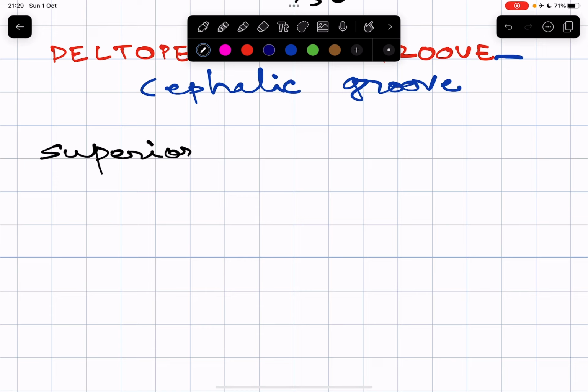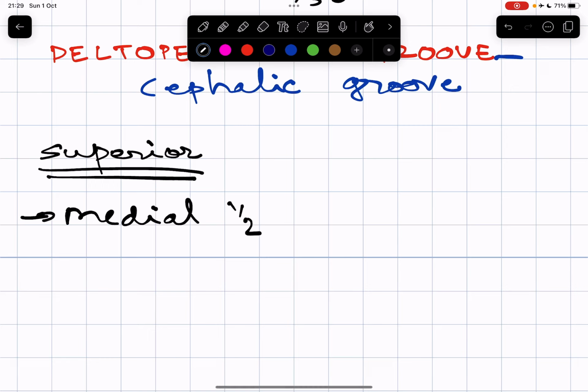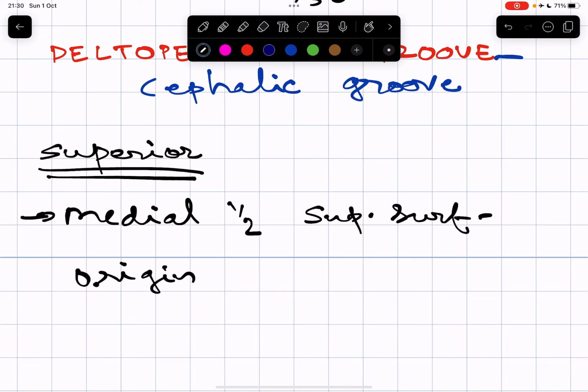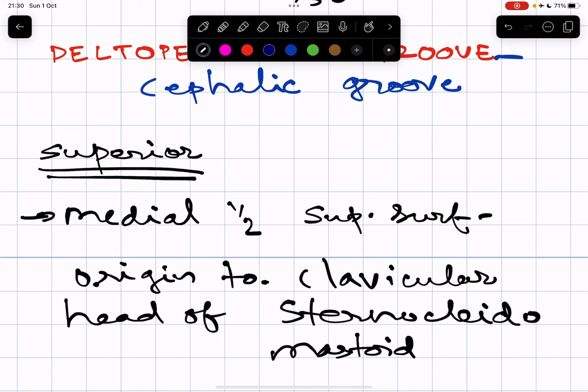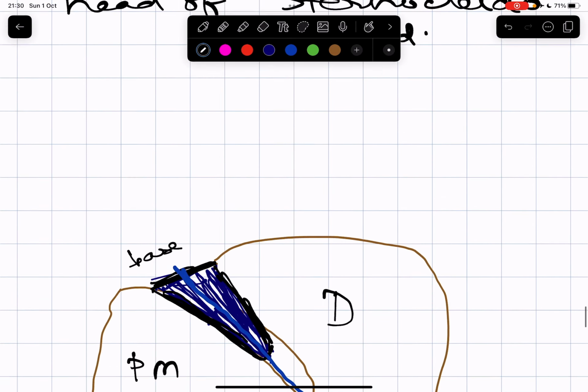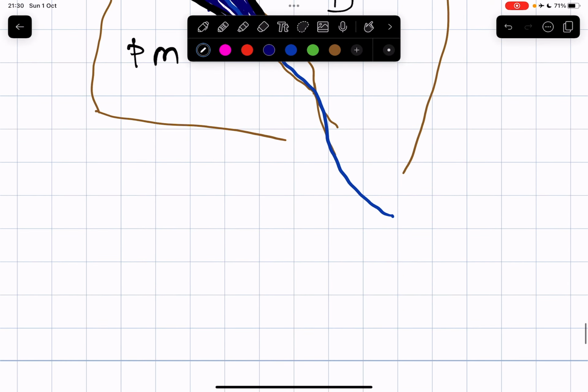So the medial half of the superior surface provides origin to the clavicular head of another muscle, the sternocleidomastoid muscle. Maybe I can show you this muscle, so it'll become easy for you to remember.